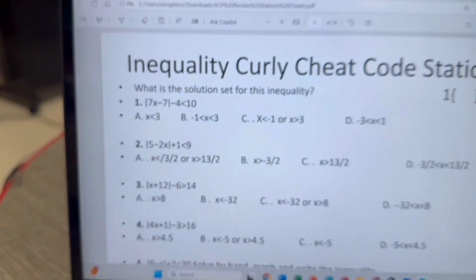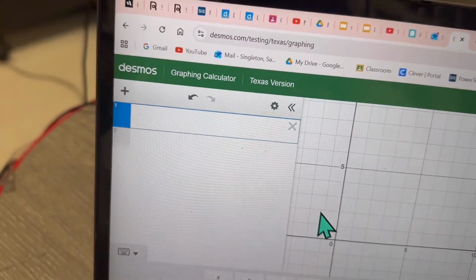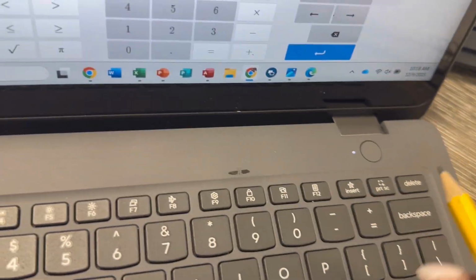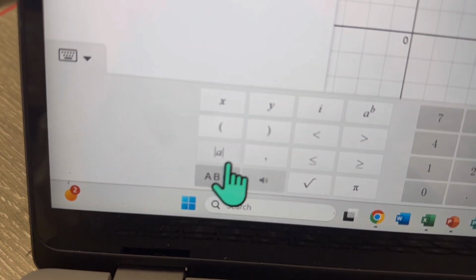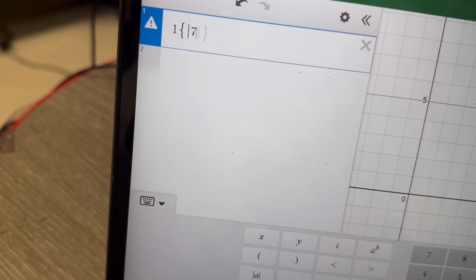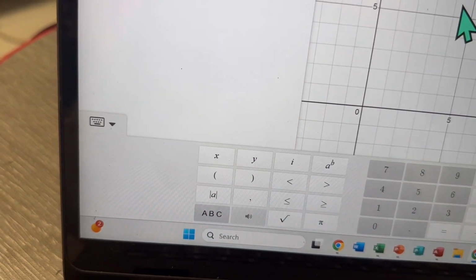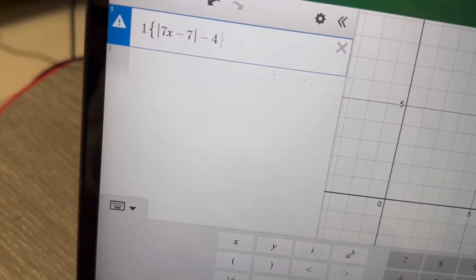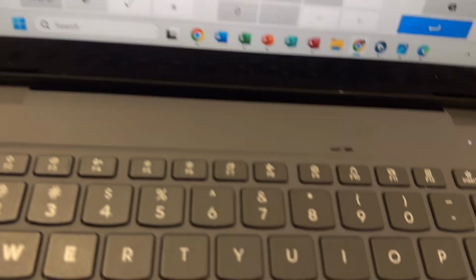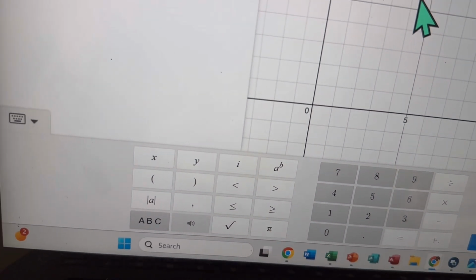And that's it. So let's go ahead and try that in Desmos. I'm gonna erase all that. The number 1, curly bracket, and then your problem. Absolute values down here. 7x minus 7. Double check your entry. Absolute value minus 4 is less than 10.